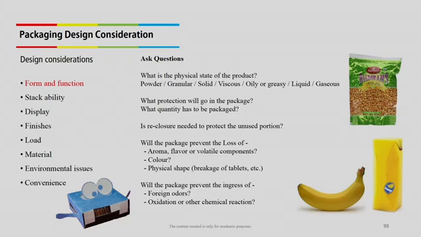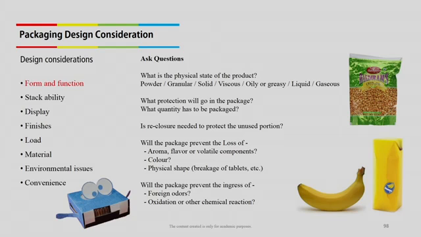So, the designer has to ask questions like: what is the physical state of the product? Is it powder, granular, solid, viscous, oily or greasy, liquid or gaseous? Based on the state, they have to decide the material for the package. What protection will go in the package? What quantity has to be packaged? Is reclosure needed to protect the unused portion?